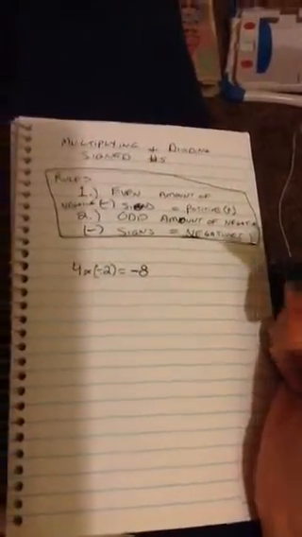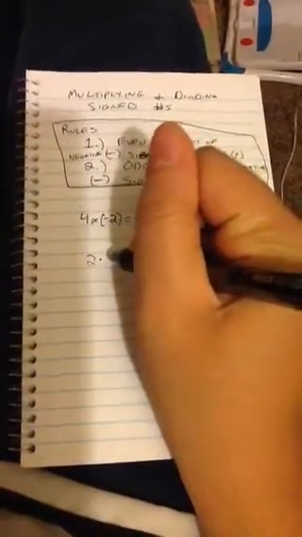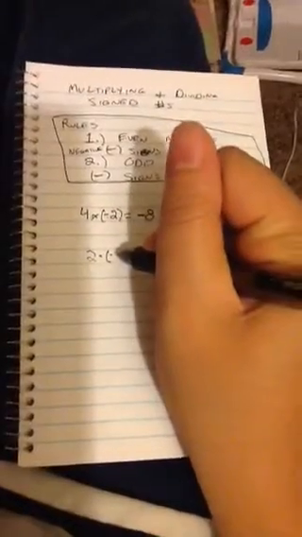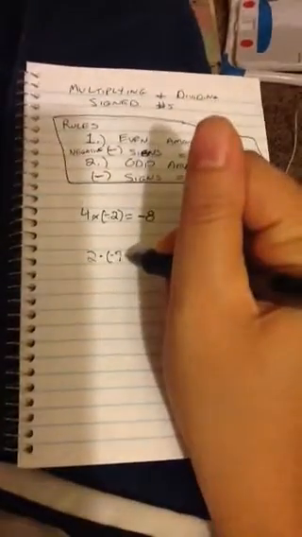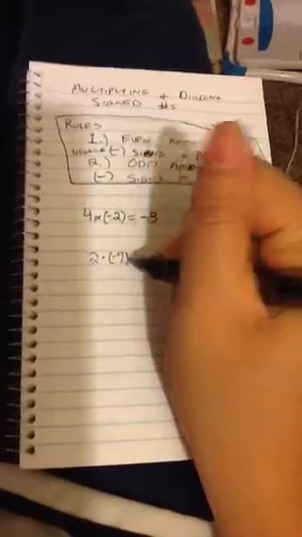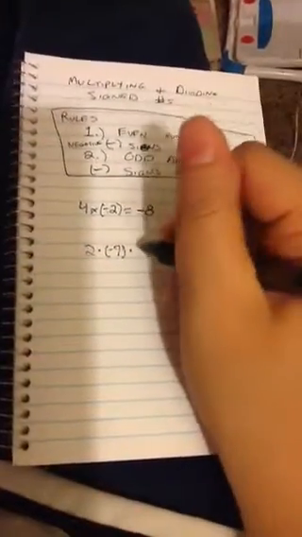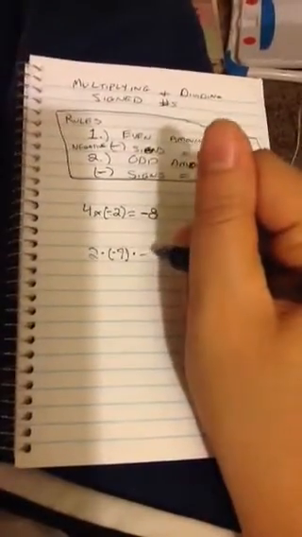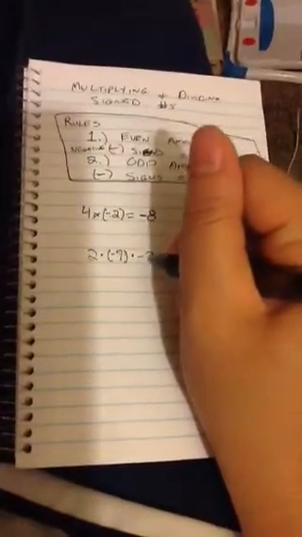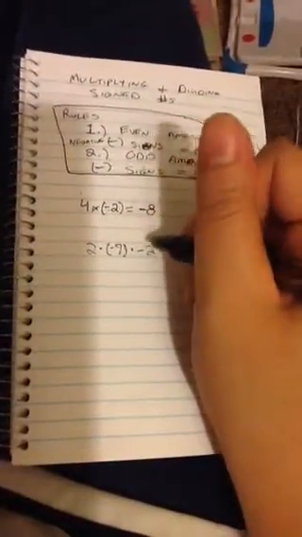Okay. Let's say that we have a different equation. It looks a little something like this. Let's say we have 2 times negative 7 times negative 2.